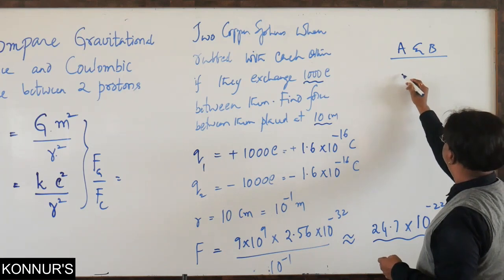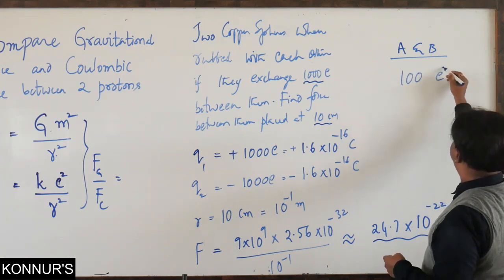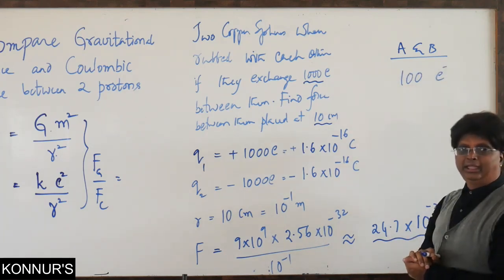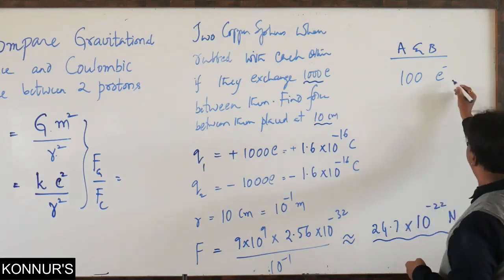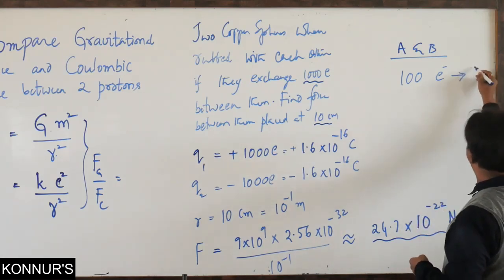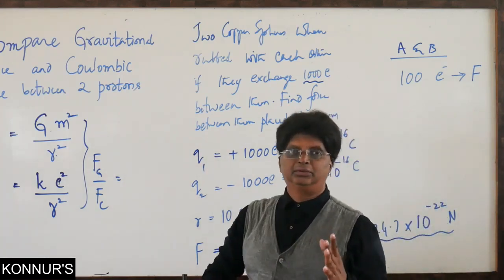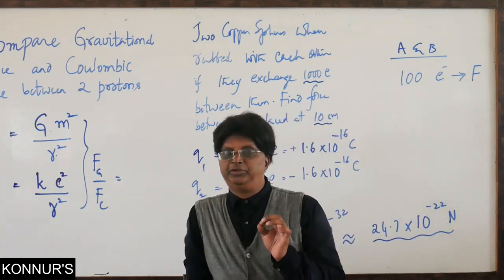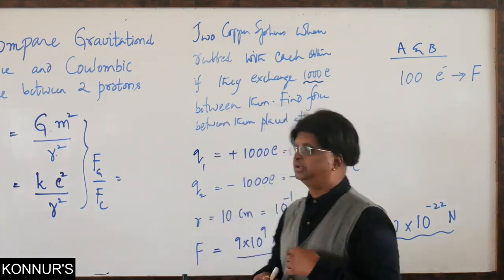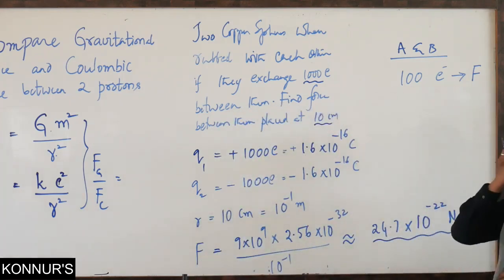They exchange, suppose, 100 electrons between them, and the force between them for a given distance is F, or some number is given. F is the force between those two spheres which have exchanged 100 electrons between them.